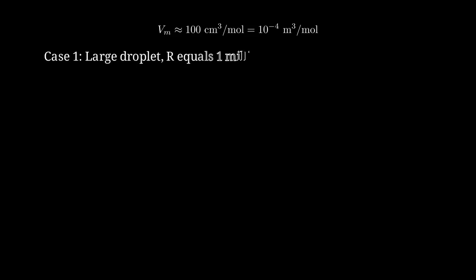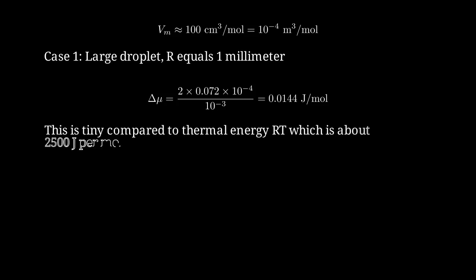Let's first consider a relatively large droplet with radius 1 millimeter, which is 10 to the negative 3 meters. Delta mu equals 2 times 0.072 times 10 to the negative 4, divided by 10 to the negative 3, which equals 0.0144 joules per mole. At room temperature, RT is approximately 2,500 joules per mole, so 0.0144 is completely negligible.